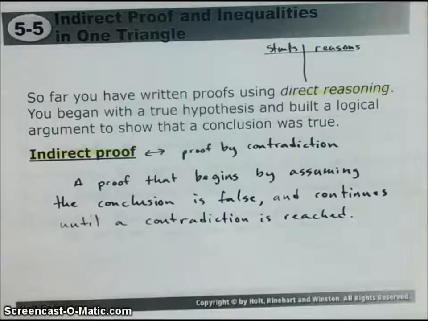A contradiction is something where you know that it is wrong based on some given, or a definition, or a theorem that we've already proved.